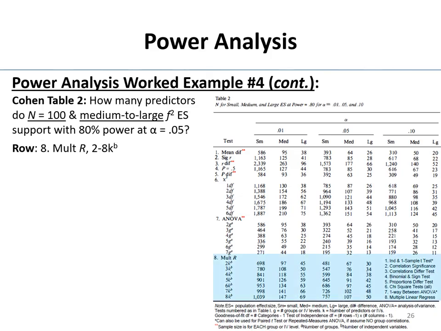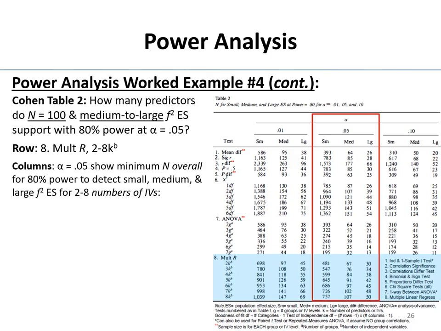So the rows for multiple correlation and multiple regression are down there. They note there are multiple rows depending on K. K is the number of independent variables or predictors that are in the model. The columns show, for alpha of 0.05, the minimum overall sample size for 80% power to be able to detect small, medium, and large F squareds for anywhere from 2 to 8 independent variables or predictors.